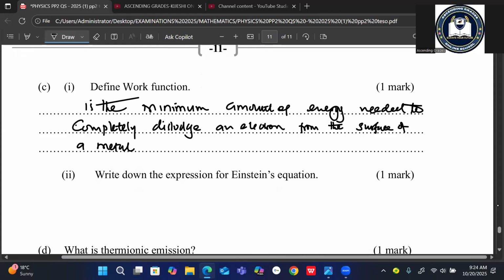Write an expression for Einstein's equation. Energy of a photoelectron is given by the work function plus the kinetic energy. So Einstein's equation, maybe I can start from somewhere. Energy of a photon is given by hf.